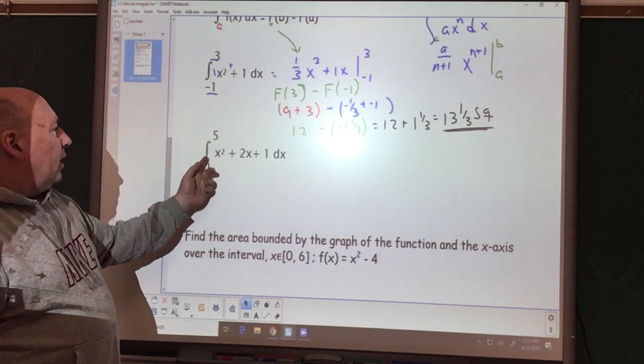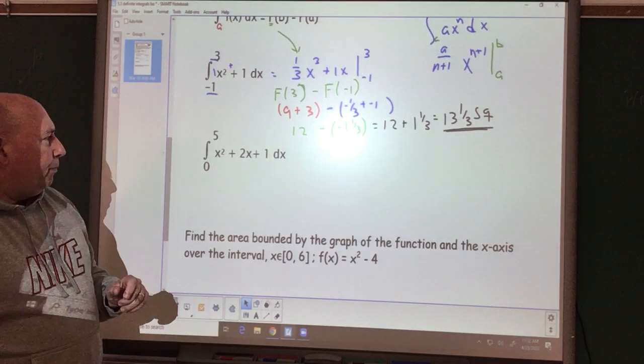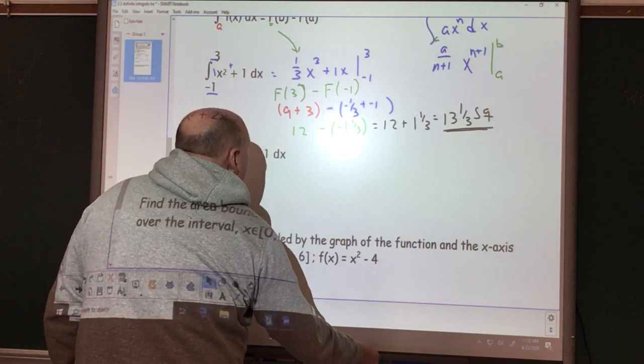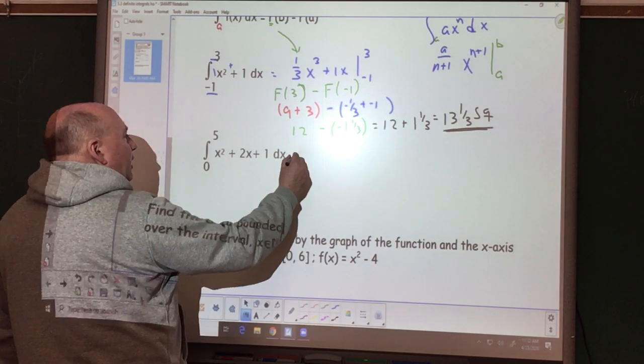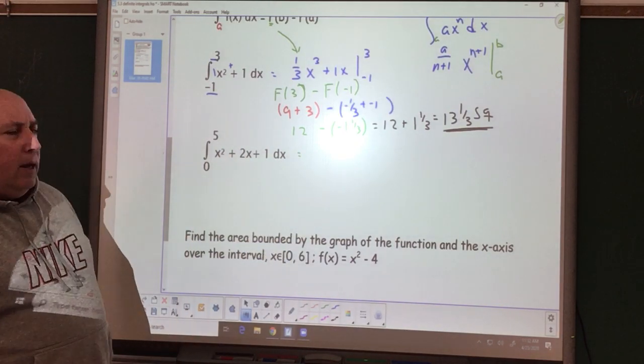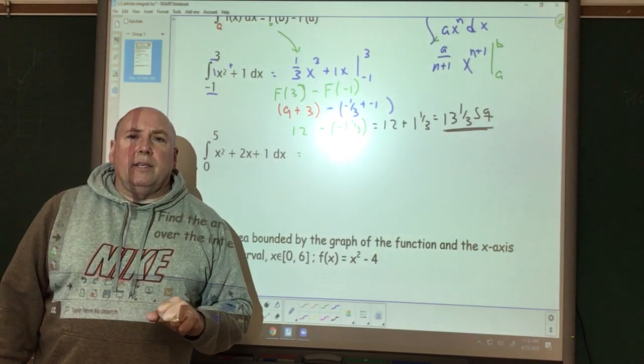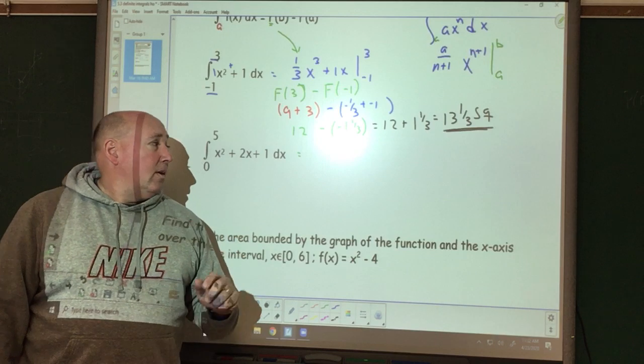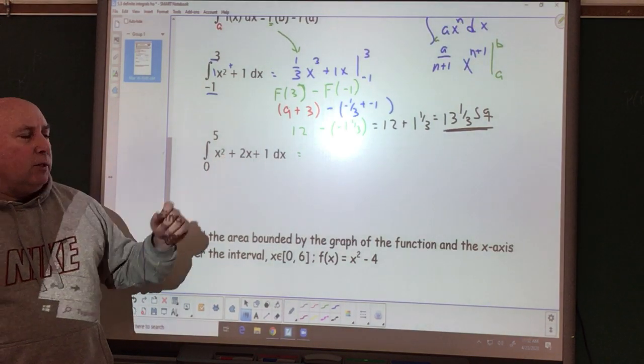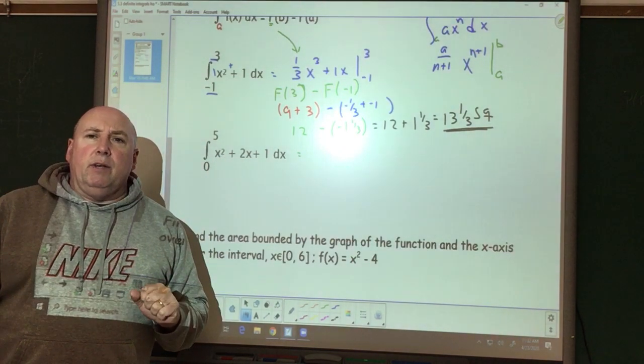So if we take a look at another value problem here, the first thing we're going to want to do is take your antiderivative. Okay, so go ahead and take your antiderivative of x squared plus 2x plus 1. Good, take your antiderivative.